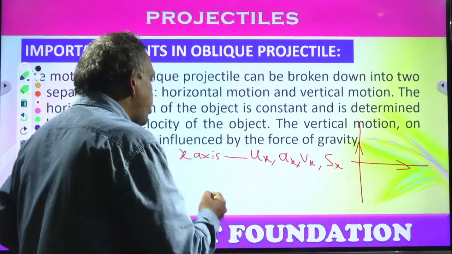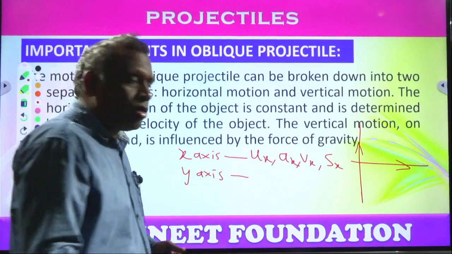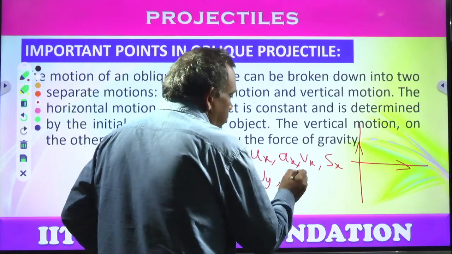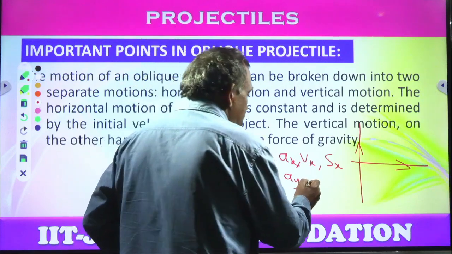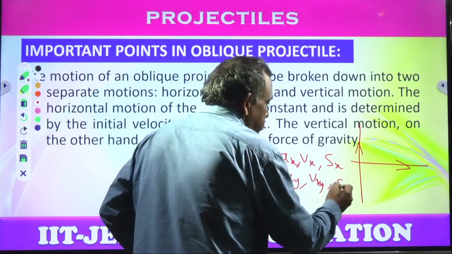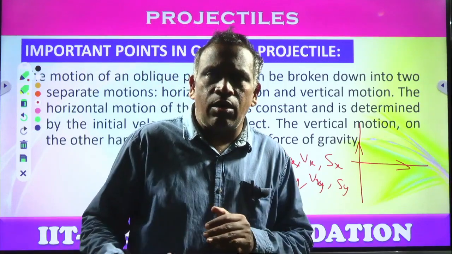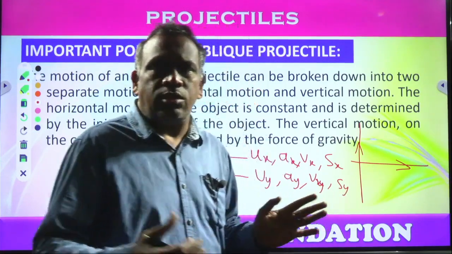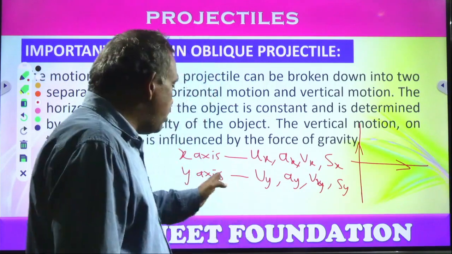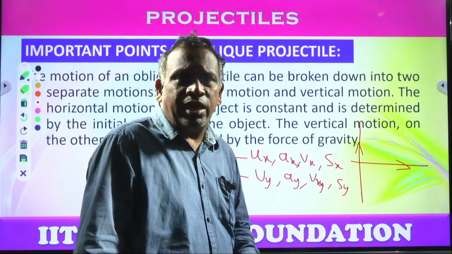The vertical components are the initial velocity uy, the acceleration along the y-axis ay, the final vertical velocity vy, and the displacement along the vertical, sy. The horizontal components are ux, ax, vx and sx. Similarly, the vertical components are uy, ay, vy and sy.